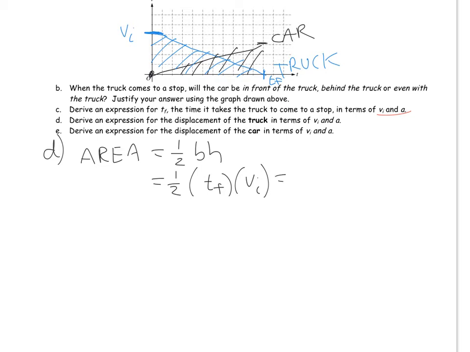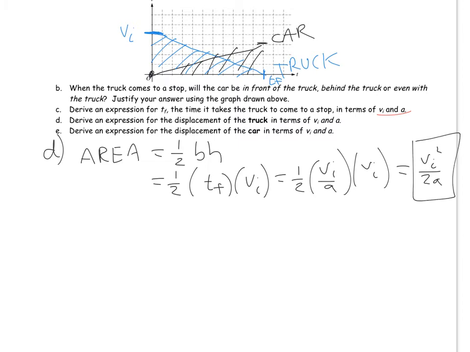Luckily, though, I just found an expression for my final time, and that was vi over a times vi. So what I end up getting here is vi squared over 2a. You also could say 1/2 vi squared over a. There's lots of possibilities, but that to me is the simplest form, although I'll accept others.